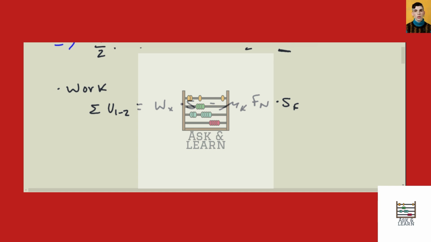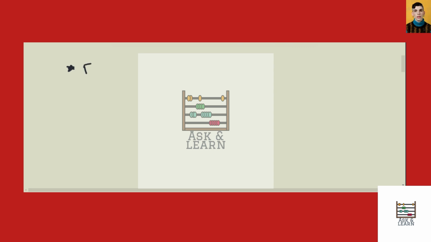To find the weight in the x direction and also the normal force, we need a free body diagram of the box so that we can see the forces involved. We have weight straight down.